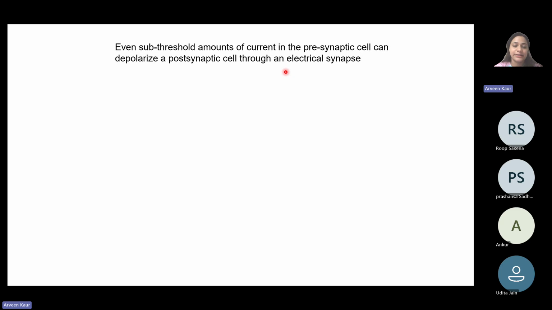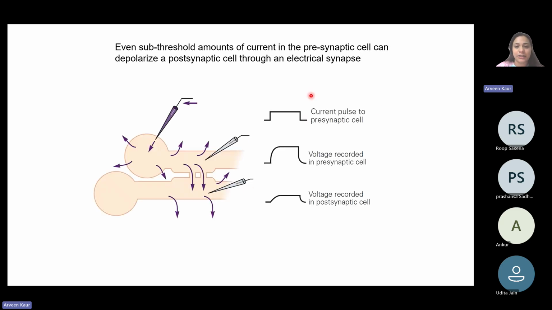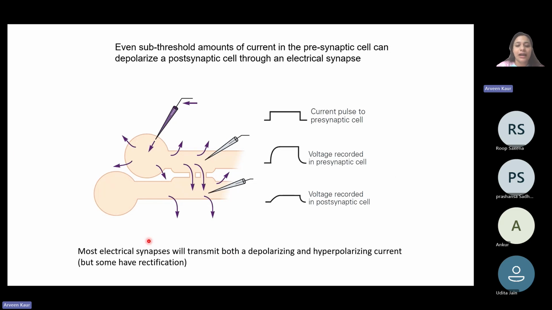However, it will not be able to go through a chemical synapse, because the action potential is required for the synaptic end bulbs to have the neurotransmitter vesicles fuse and then get released, right? That phenomenon is not required over here. So that is why even a sub-threshold level can still get transmitted.